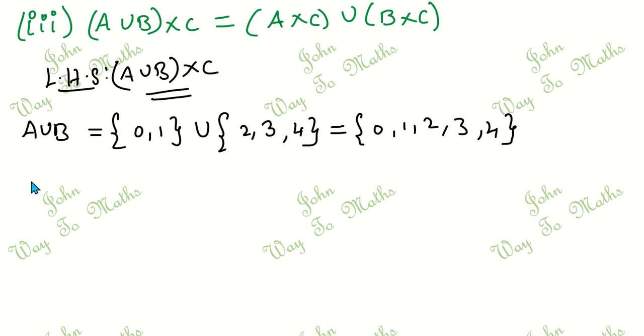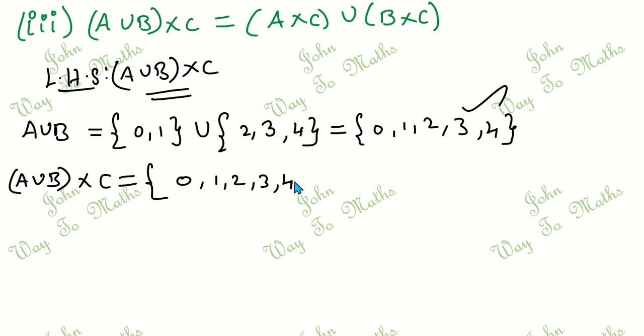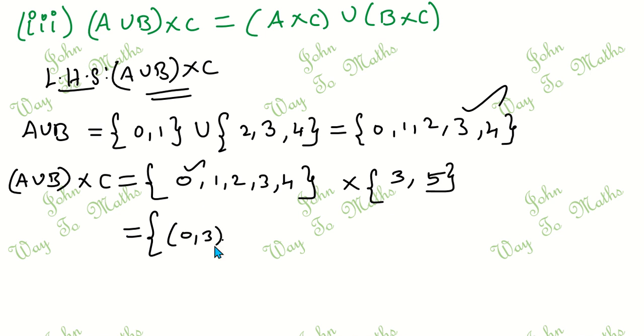So next I am going to find LHS, A union B cross C, which is equal to the A union B set 0 1 2 3 4, then cross the C set 3 comma 5. Applying the Cartesian product rule, I am going to choose 0, so 0 comma 3, then 0 comma 5.